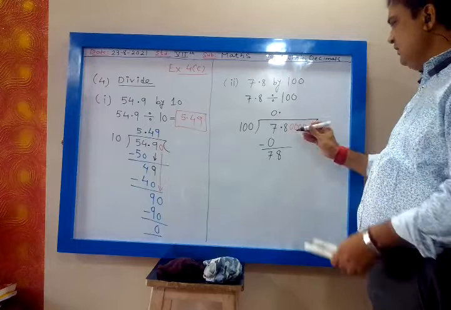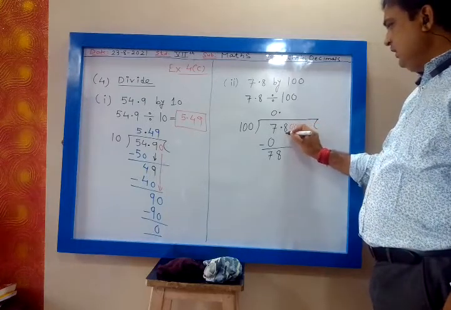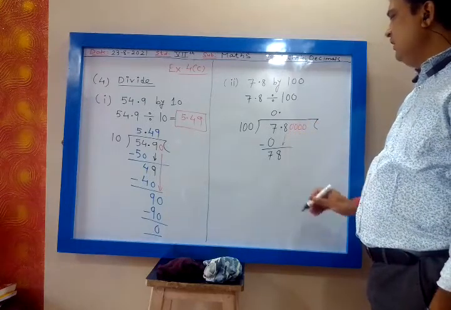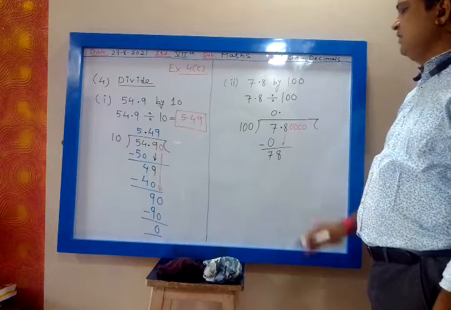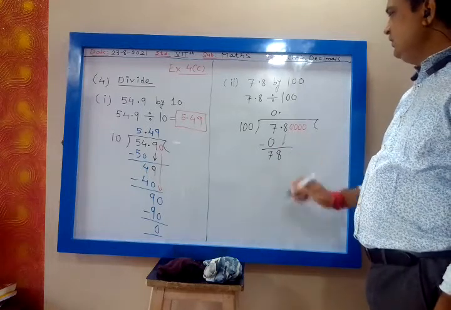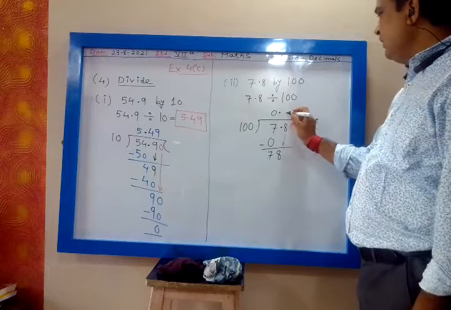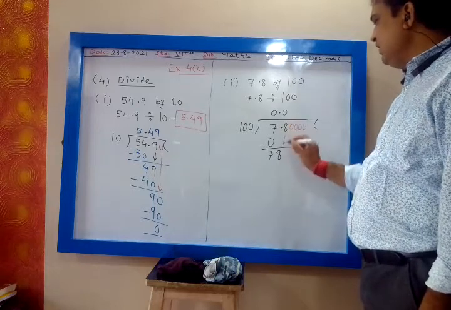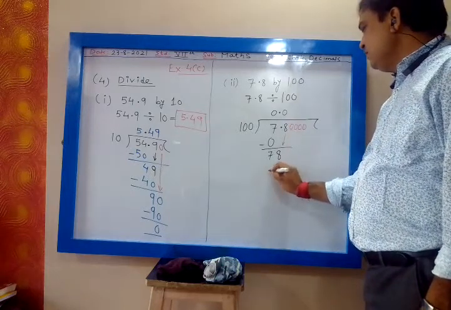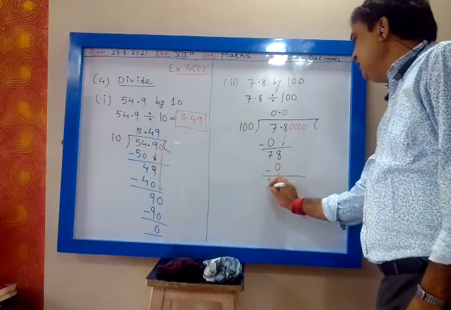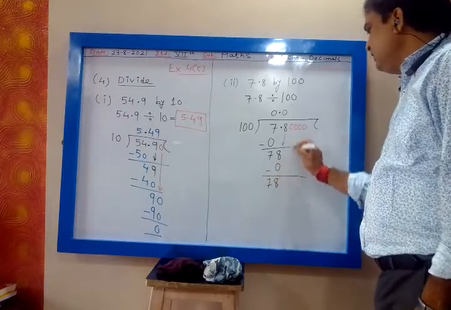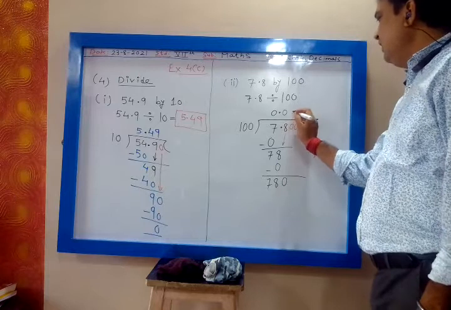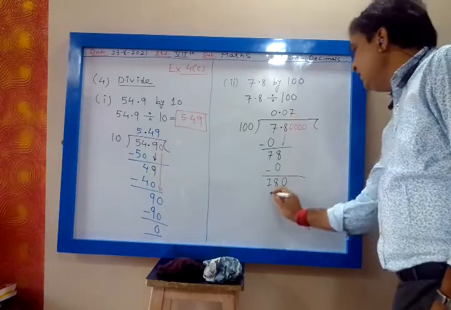Okay, so this is 1 0 will be carried. 8 will be carried. Again 78 is smaller. Yes, 78 is smaller. So 100 0 0. So this becomes 78 again. Then 1 0 is carried. 100 sevens are 700.